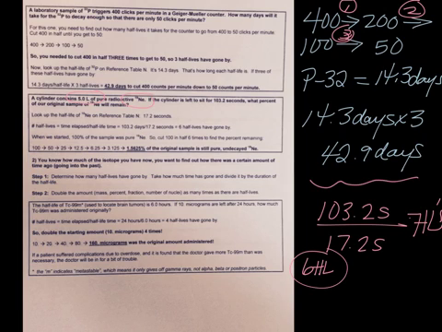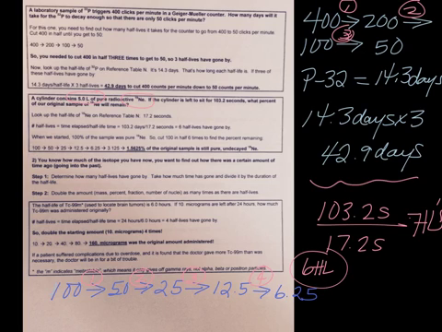So if I start with 100%, 50%, 25%, 12.5, 6.25. Let's see how many half-lives I'm up to. 1, 2, 3, 4.